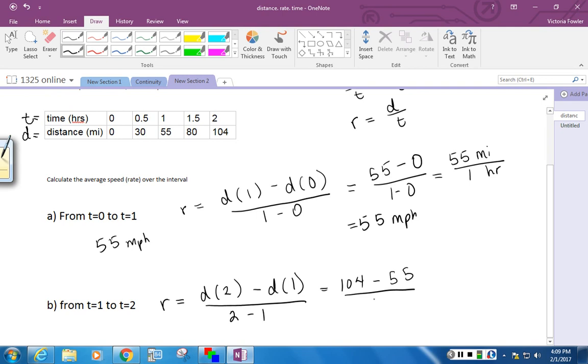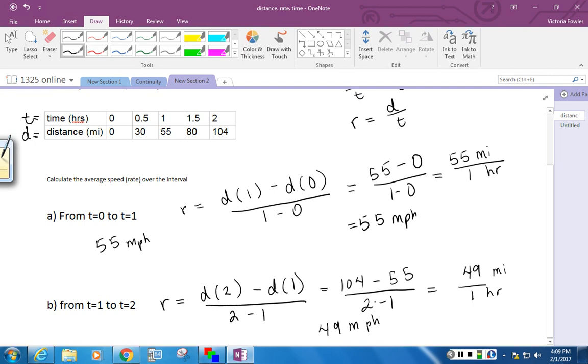So 2 minus 1 is going to give me 1 hour. So 104 minus 55 should be 49 miles. And so I would have for the second part that we traveled 49 miles per hour.